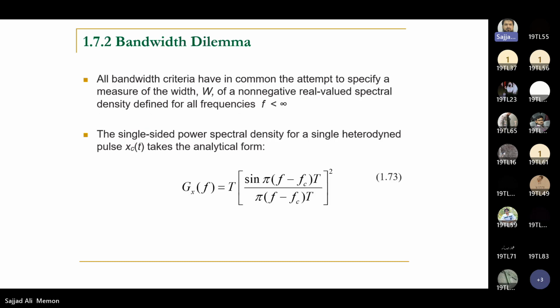So all bandwidth criteria have in common the attempt to specify a measure of the width W of a non-negative real-valued spectral density defined for all frequencies that should be less than infinity. The single-sided power spectral density for a single heterodyne pulse x of ct takes the analytical form. So this one is in the time domain. With respect to frequency, you can see we have a frequency of interest and we have a carrier frequency.